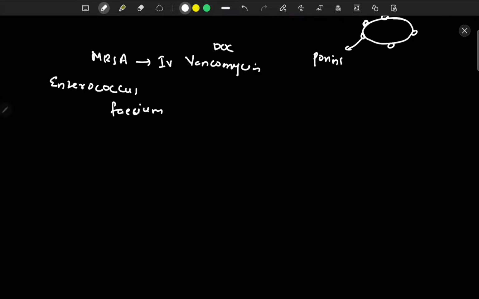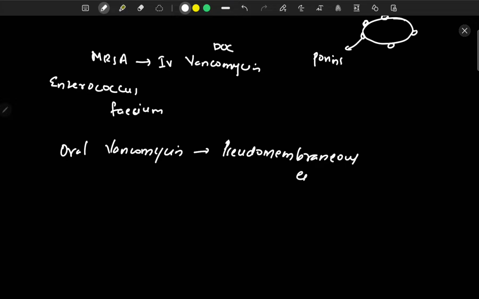Then we can use oral vancomycin as the drug of choice for pseudomembranous enterocolitis.